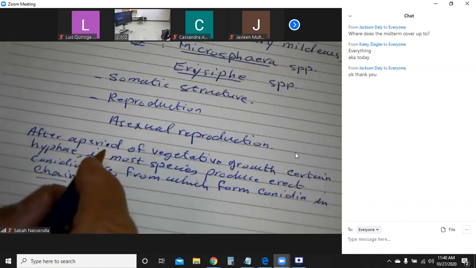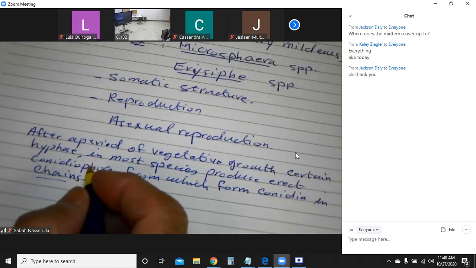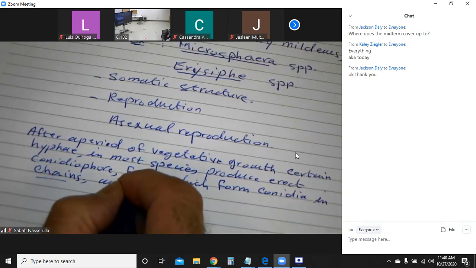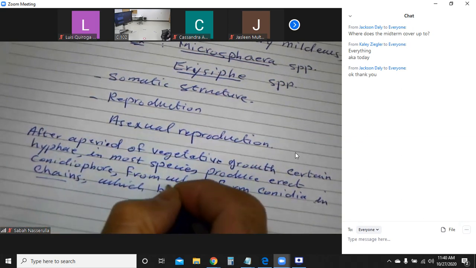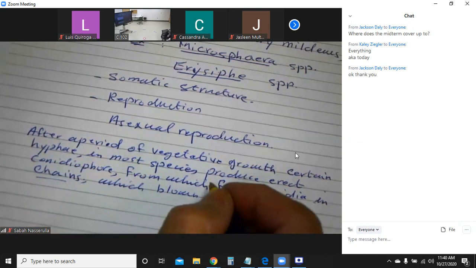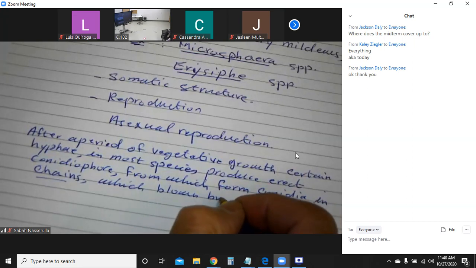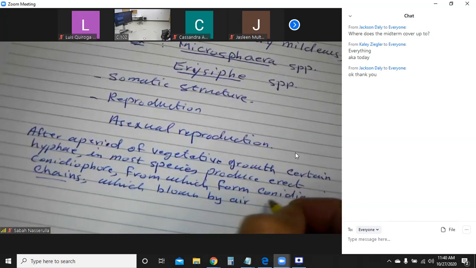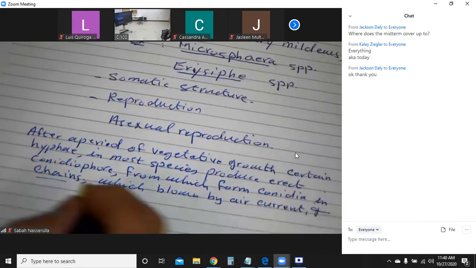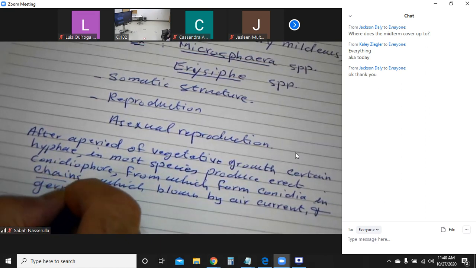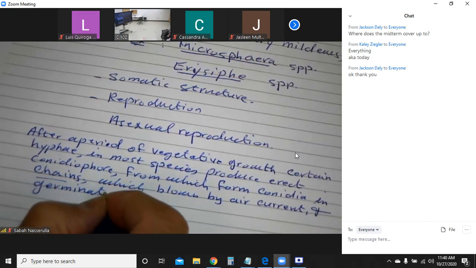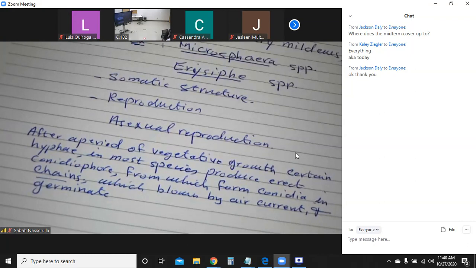Now, as I mentioned, they produce the conidia in chains, and after that, they are blown by the wind, by air currents, and germinate, initiating a new infection.